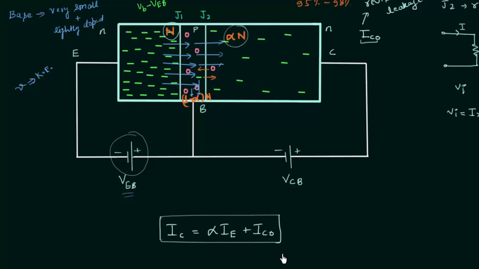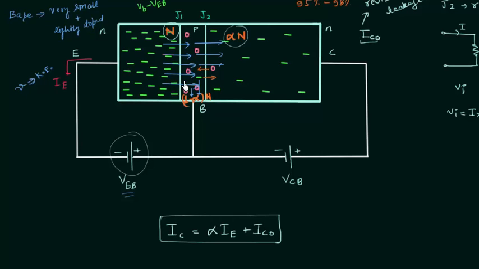The next thing is to find out the relation between the emitter current, base current and collector current. For this purpose, first we have to find out the direction of the three currents. You can see electron is moving from left to right, so the direction of current is like this, from right to left. This is IE, the emitter current.